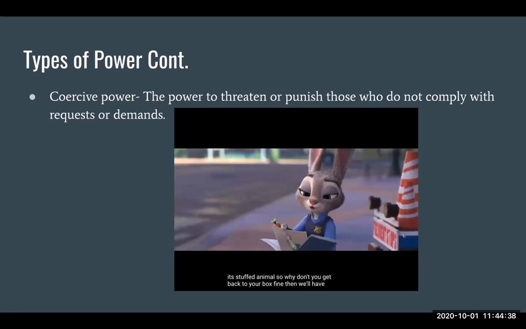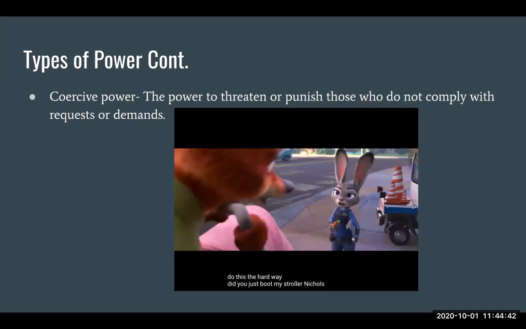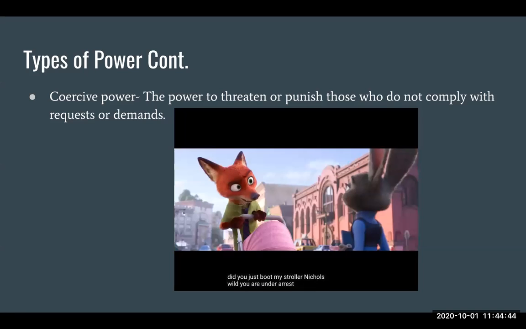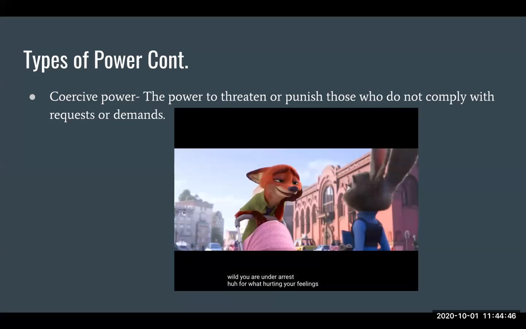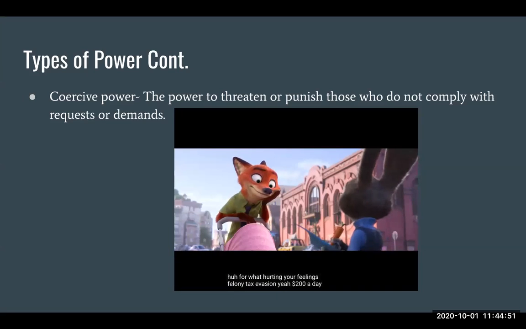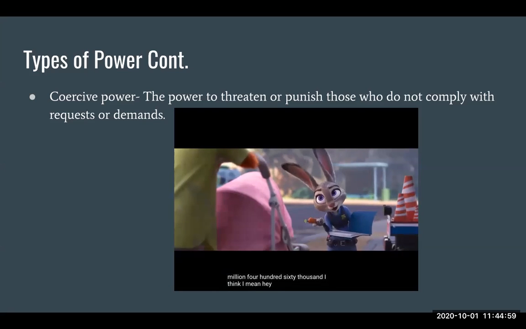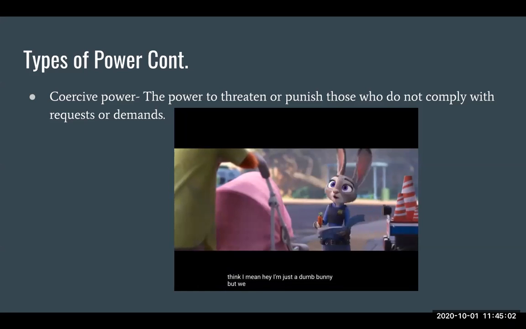Fine. Then we'll have to do this the hard way. Did you just boot my stroller? Nick Wilde, you are under arrest. For what? Hurting your feelings? Felony tax evasion. Yeah, $200 a day, 365 days a year. Since you were 12, that's 2 decades times 20, which is 1,460,000, I think. I mean, I am just a dumb bunny, but we are good at multiplying.